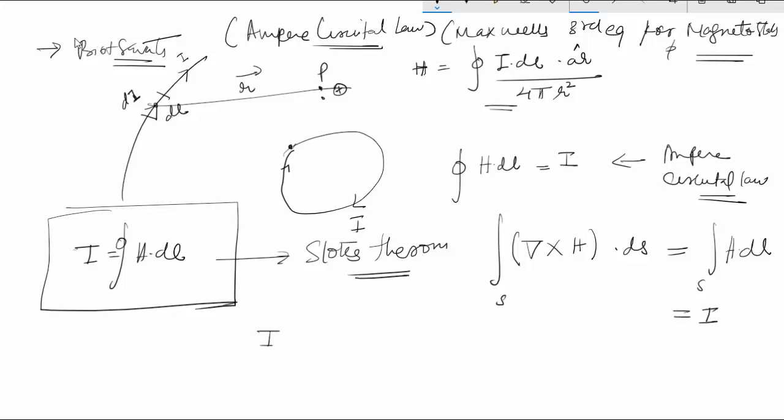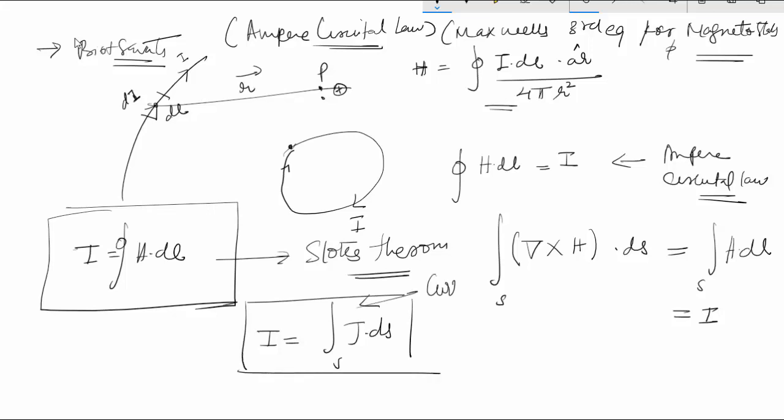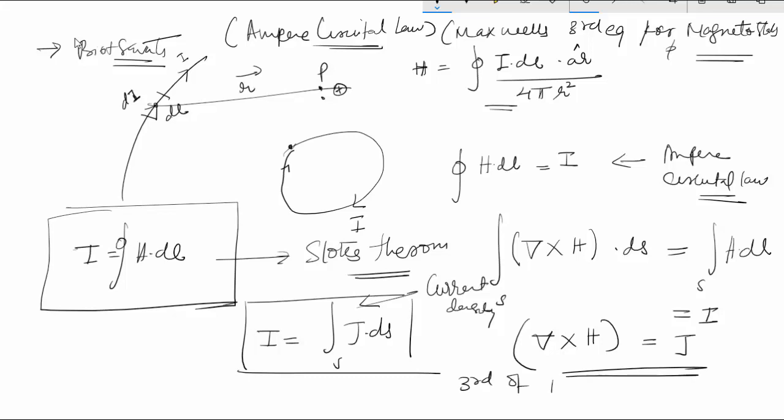So my I is equal to the surface integral of J dot ds, which is from my equation of current density. So it can be easily said that del cross H is equal to the current density J, which is the third of Maxwell's equations for static fields.